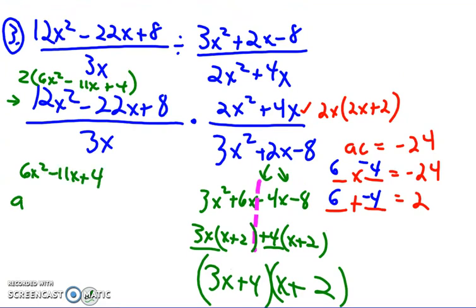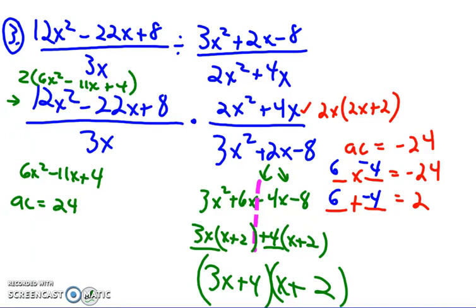Here we go. AC equals 24. Was anyone able to find, if it factors, maybe it doesn't factor, two numbers that multiply together to give me 24 and add together to give me negative 11? 8 and 3 is correct. Good, 8 and 3.